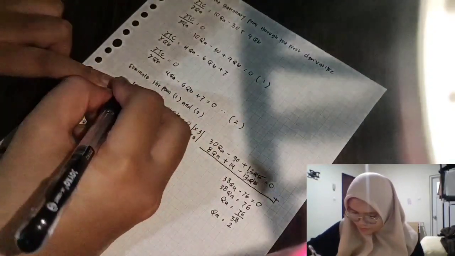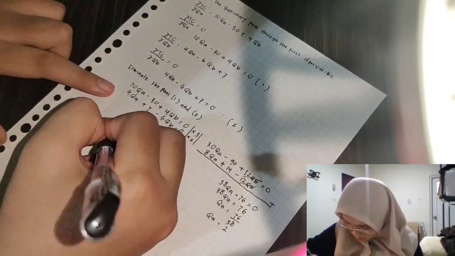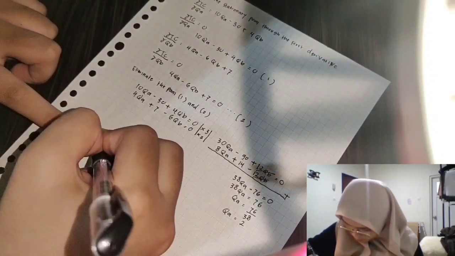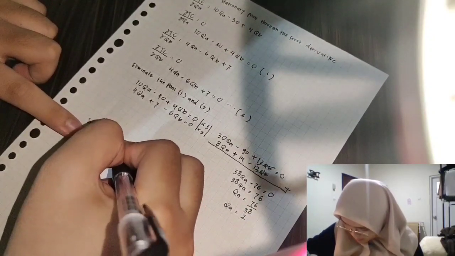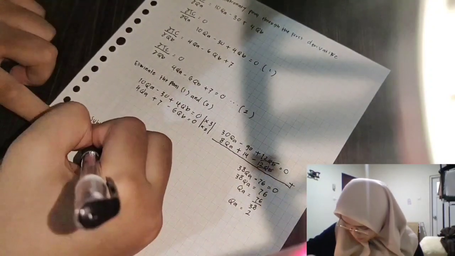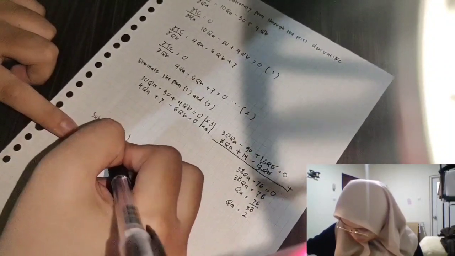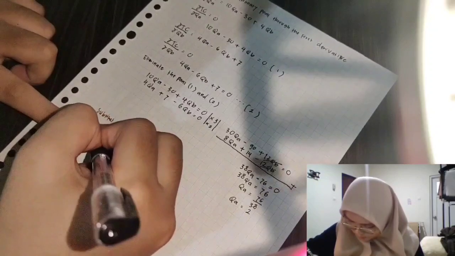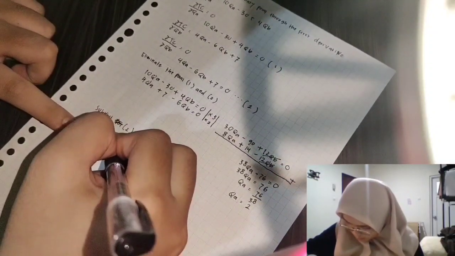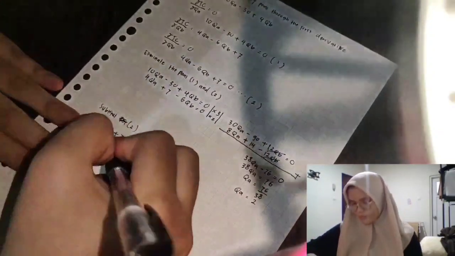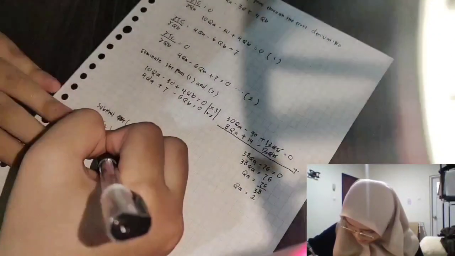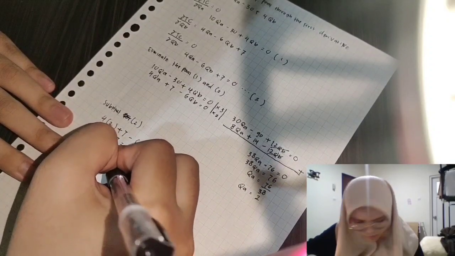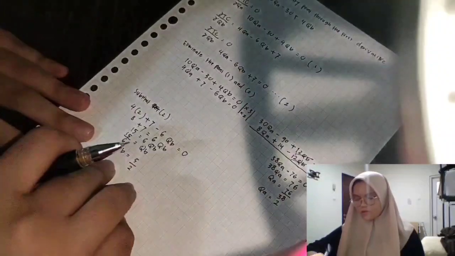Substitute the point of 2. 4 times 2 plus 7 minus 6Kb equals 0. 8 plus 7 equals 6Kb. 15 equals 6Kb. Then Kb equals 5 per 2, and this is the value of Kb.